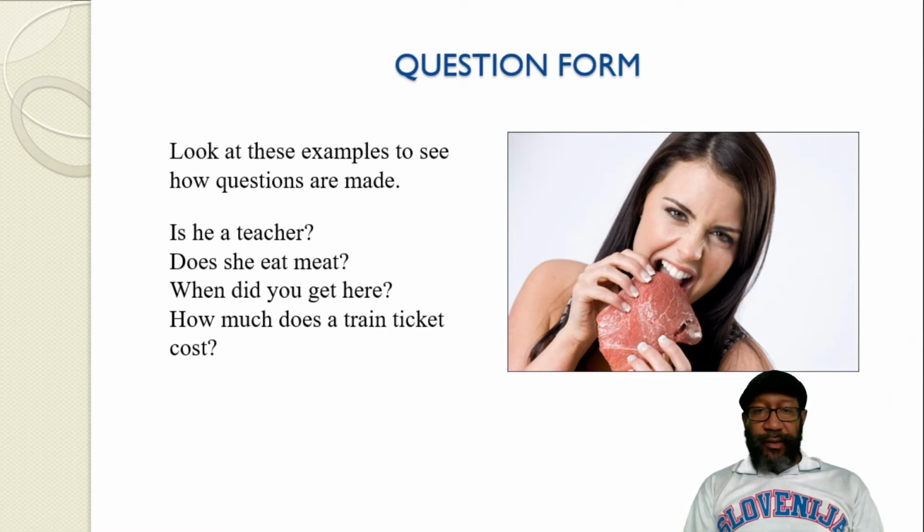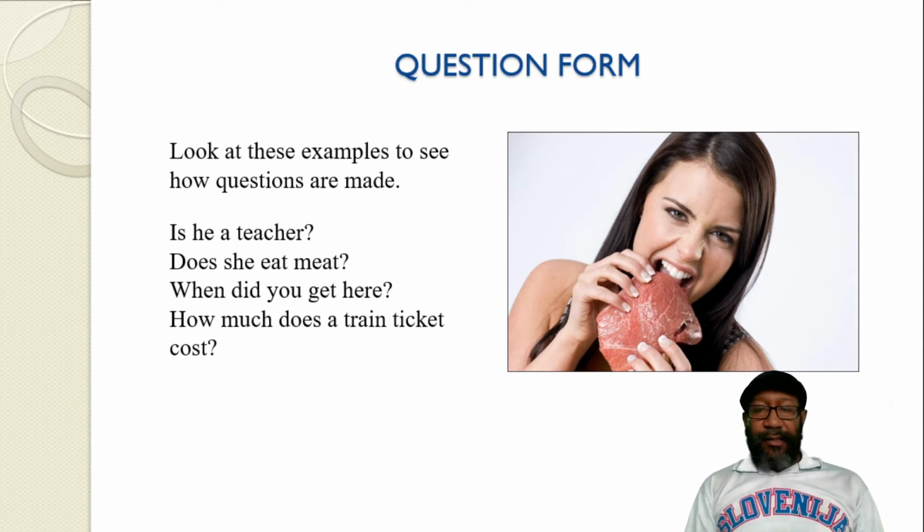So the first question, you have the verb to be, and as I told you in the verb to be class, to make the question is just to invert the positions of the subject pronoun and the verb to be. Then we have here, does she eat meat?